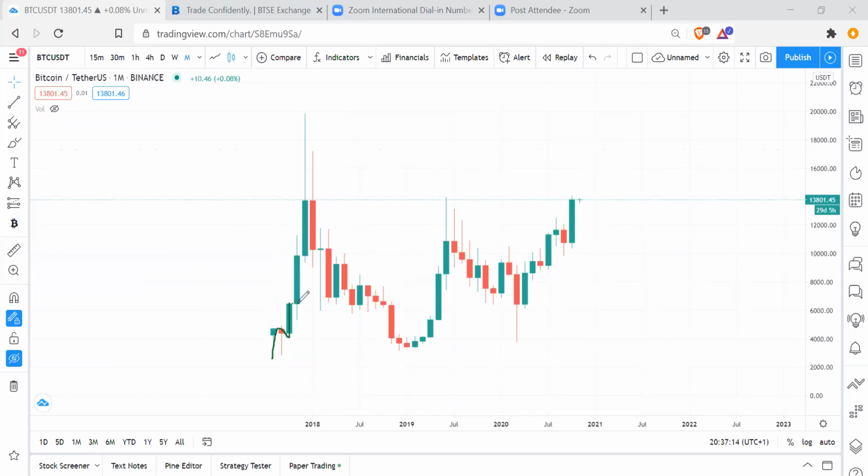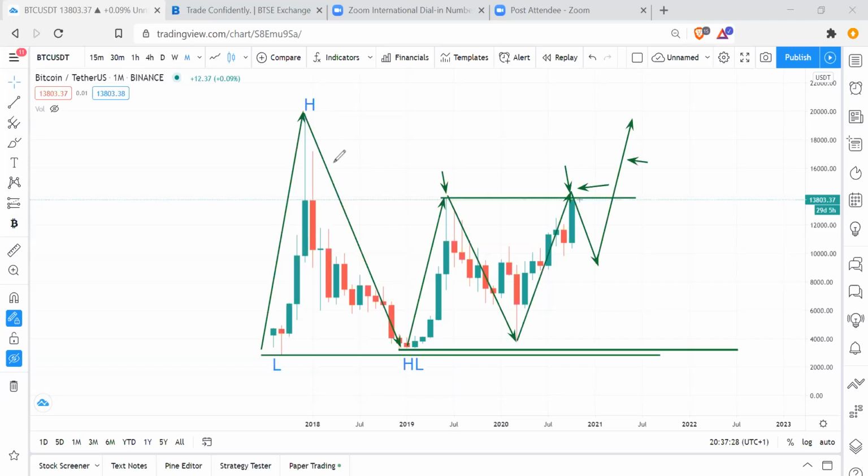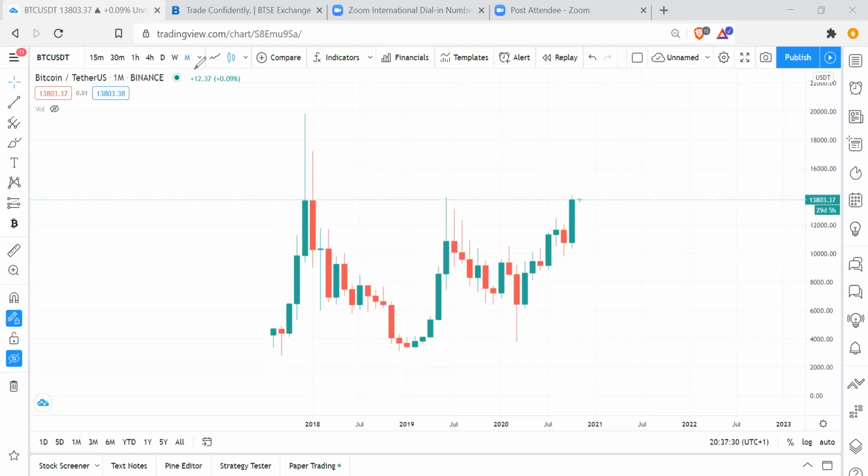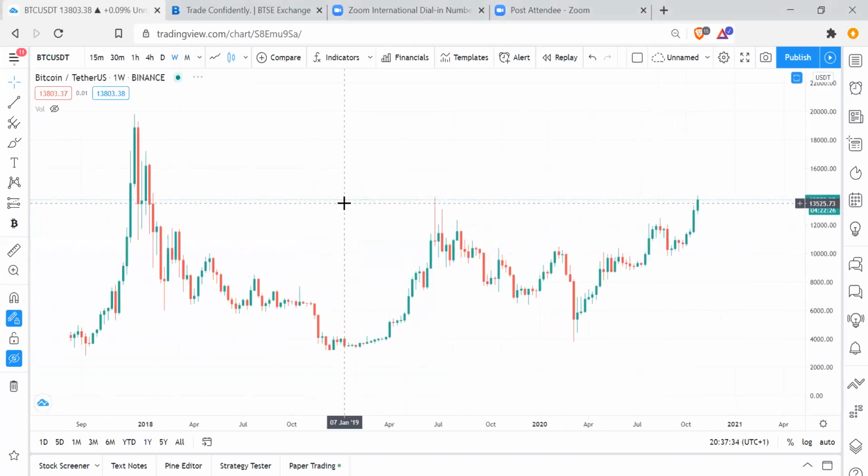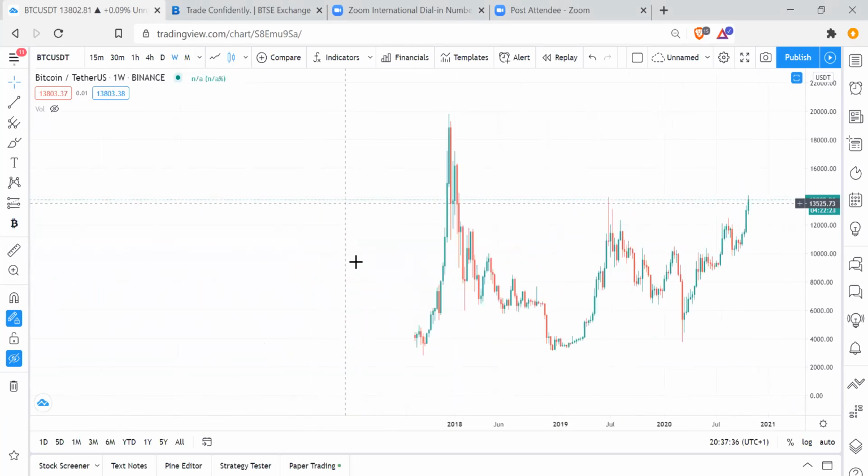Then the candle opened here, pushed downward first to a higher low, higher high, pushed all the way from here down to here, higher low, higher high. So let's zoom in and check out what it looks like on the weekly.